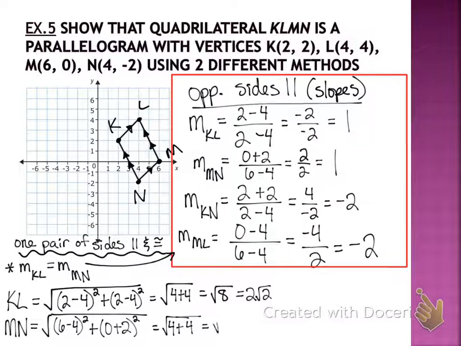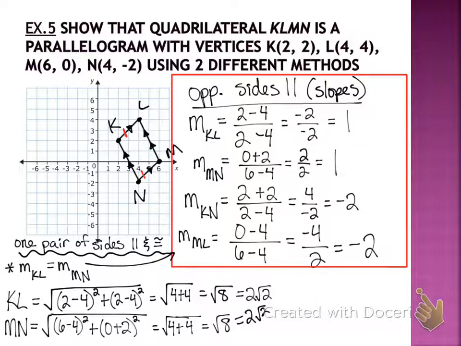So this is also the square root of 8, which would simplify to 2 root 2. But either way, now we've shown that these are also congruent to each other. So by that theorem from the front, we have one pair of sides that's both parallel and congruent. Therefore, this is a parallelogram.